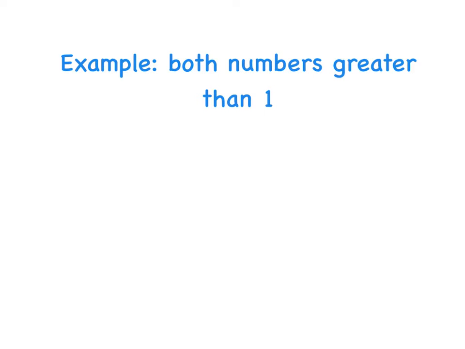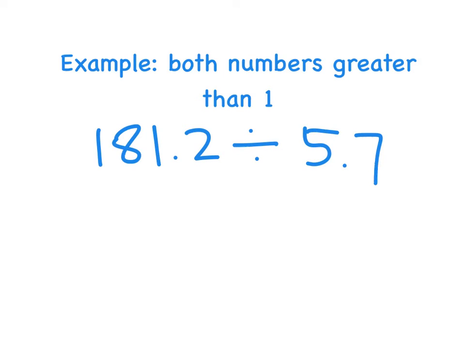Here's another example with some larger numbers. Let's say we had something like 181.2 divided by 5.7. Again, start with your second number. In this case, we have 5.7, which is close to 6. I could have chosen 5 or something else. Try and get as close as you can, though, to get an accurate estimate. Now I'm going to change my dividend into something that 6 can go into.